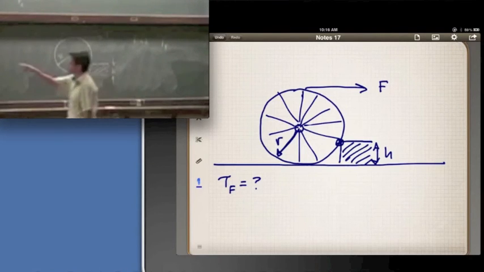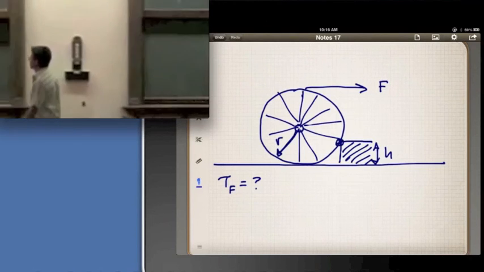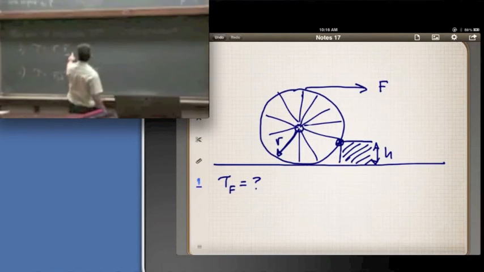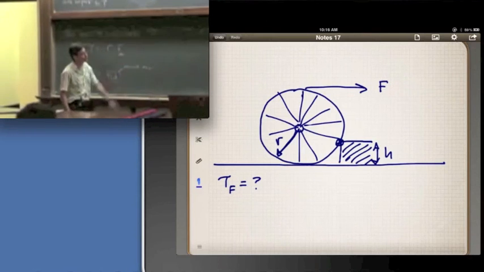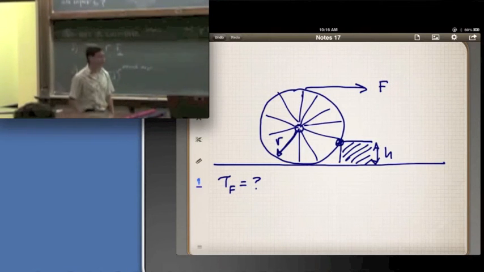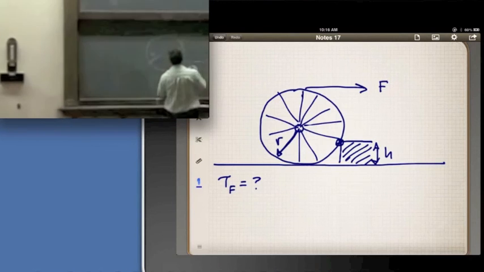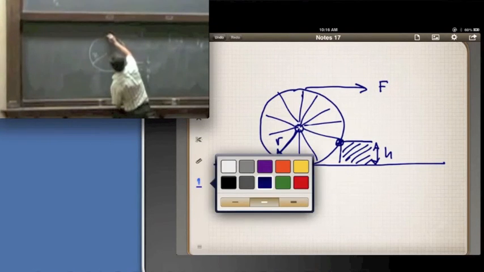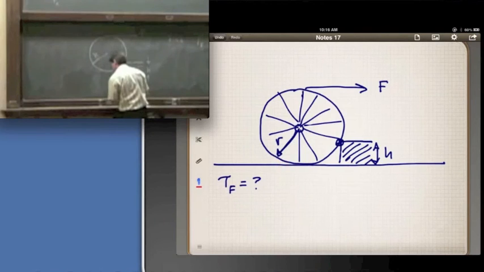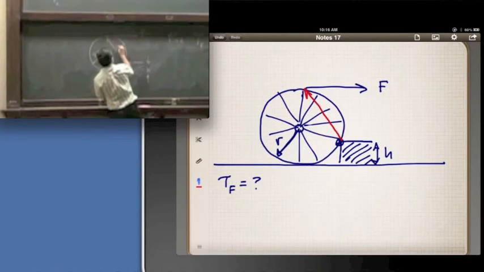So which of these two approaches do you want to use? Do you want to use this one, which implies that you know the component of the force that is perpendicular to the position vector? So the force is applied here, so the vector R that we're talking about will be this one.